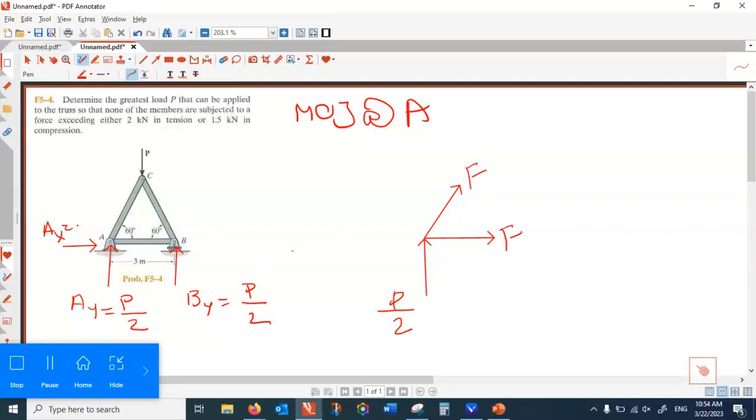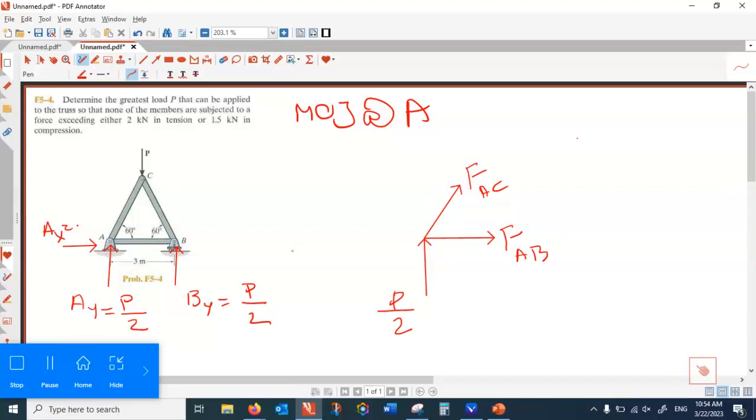What should I put as a subscript? F, AC. That's how we label them, right? F stands for force. AC shows that this force is from A to C, the force in the member. What should I call this one? That is FAB.